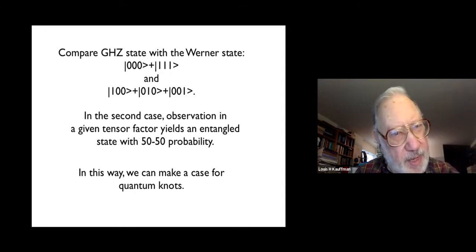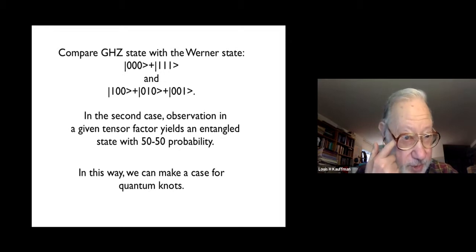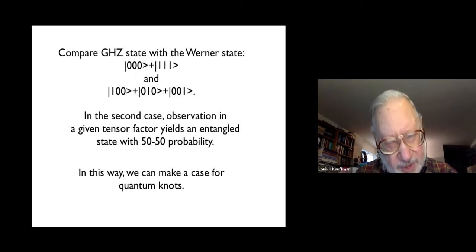And if you were to observe it in the first factor, let's call that Alice, if you observe in Alice's direction, then you could get a 1 and you would have 0 tensor 0, and that's unentangled. But if you observed the 0, then you would get 1 tensor 0 plus 0 tensor 1, the remaining parts, and that is entangled.